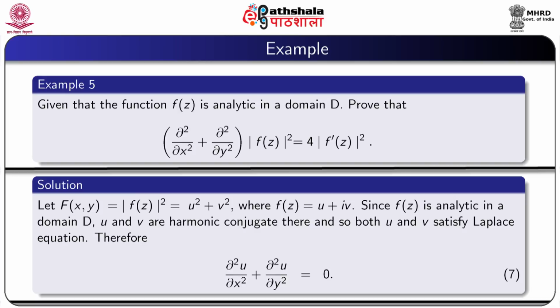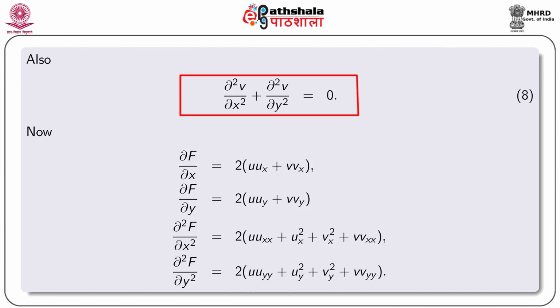Since f(z) is analytic in D, u and v are harmonic conjugates there, and so both u and v satisfy Laplace equation. Therefore, we obtain ∂²u/∂x² + ∂²u/∂y² equal to 0, and ∂²v/∂x² + ∂²v/∂y² equal to 0.